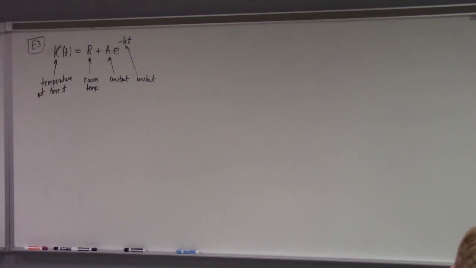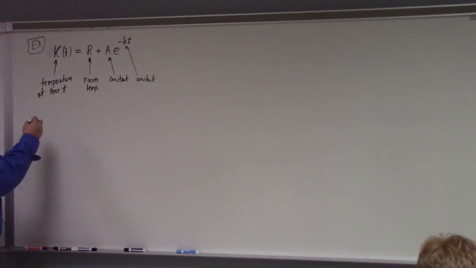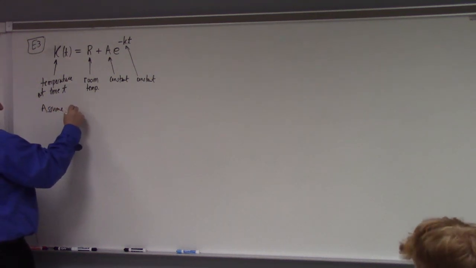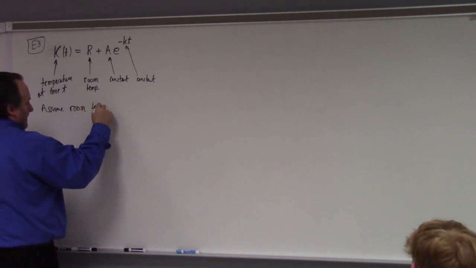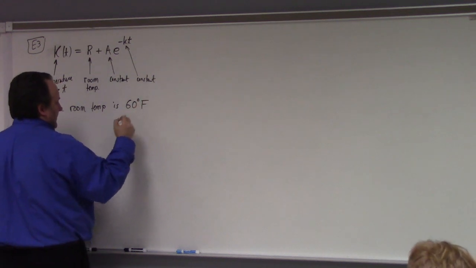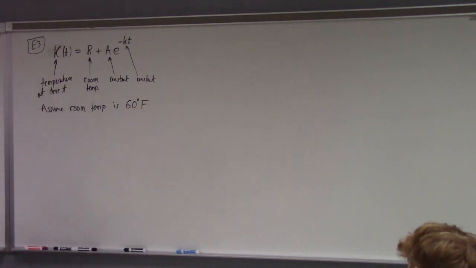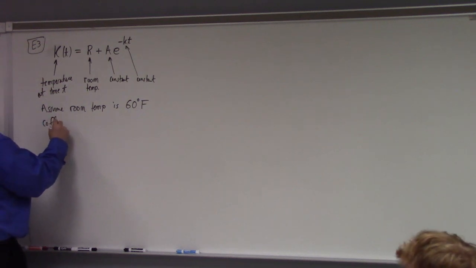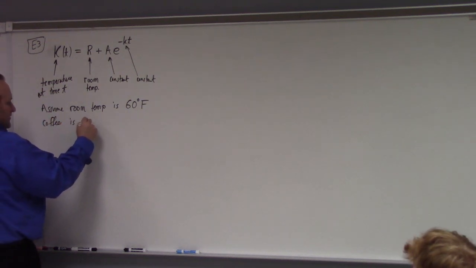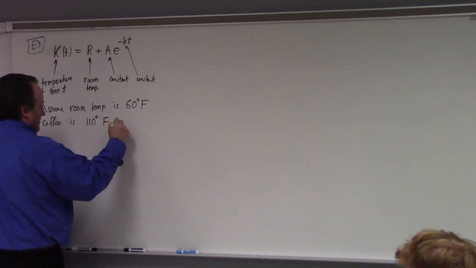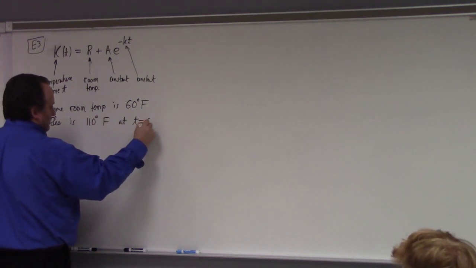So let's work a problem. Let's make up some numbers. Let's assume that room temperature is 60 degrees Fahrenheit. That would be nice, wouldn't it? And your coffee is, let's say, 110 degrees Fahrenheit initially, at time 0.